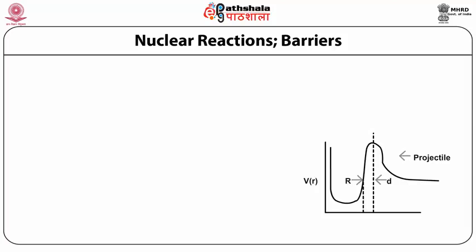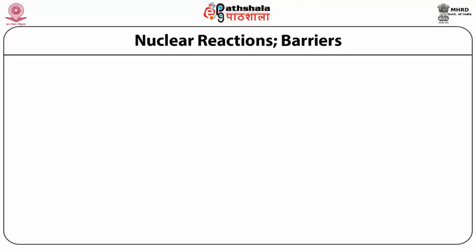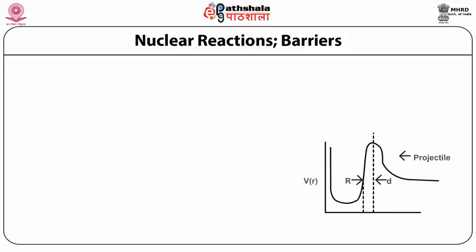Due to this electromagnetic interaction, the nuclei will hesitate to come close together to do the nuclear reaction. So we need to overcome this barrier. This barrier is called the Coulomb barrier. We need to overcome this barrier in order to have a nuclear reaction.